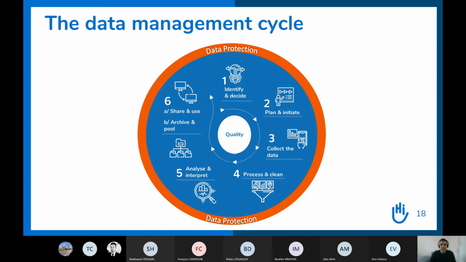Or sometimes even if it's only a one-shot survey. So for instance, you are doing a baseline and you are not necessarily going to do the end line with the same people. Then once you have produced the report of the survey, maybe you don't need the paper files anymore, and you can destroy everything.